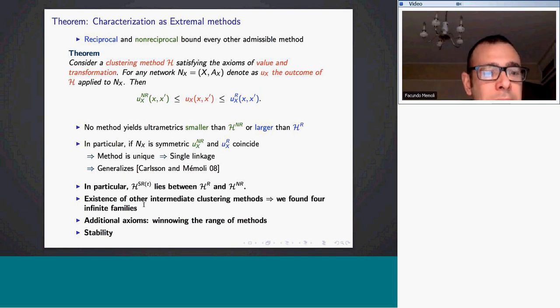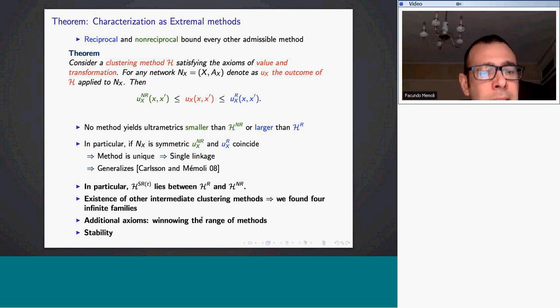What came up is, well, why don't we try to impose some axioms that might be useful, and that, by the way, should be inspired by observations or concerns that people have about good practice. Why don't we take some of those properties and try to impose them on our admissible methods and try to narrow down the set of all possible methods.